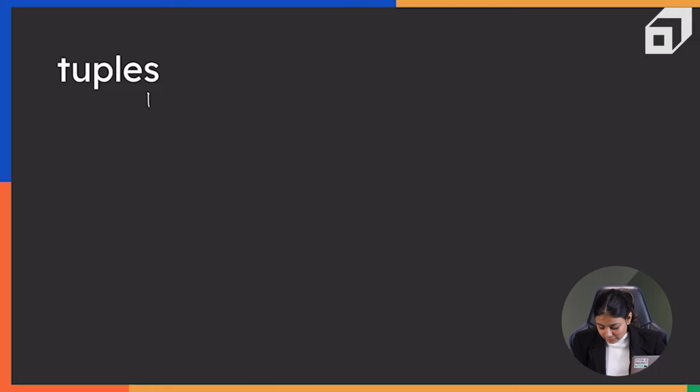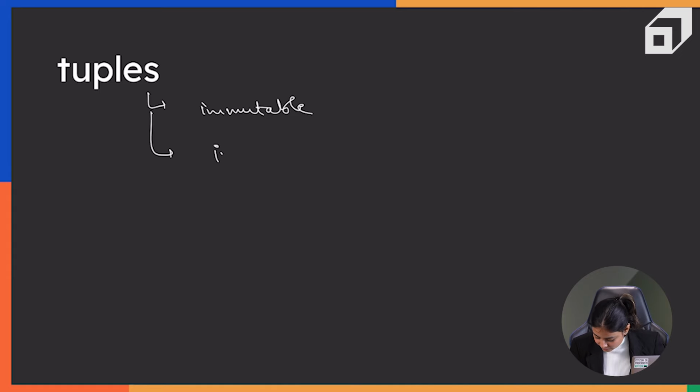There's a similar data structure which is tuples. Tuple is again used for storing multiple values. What makes it different? This is immutable. This is an immutable data structure, meaning you cannot update the values of a tuple once you've created it.